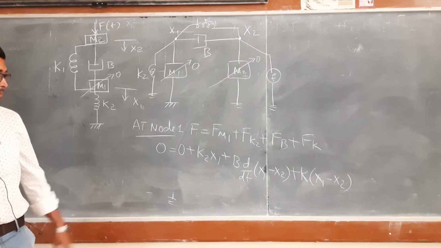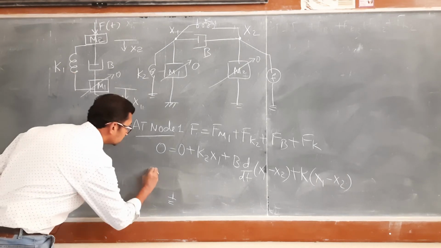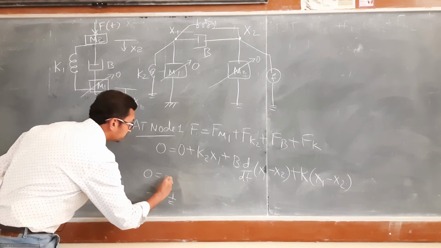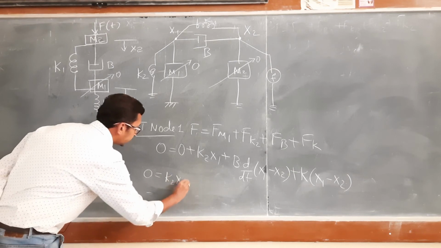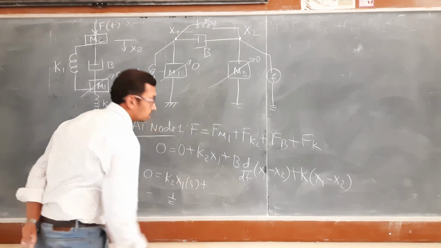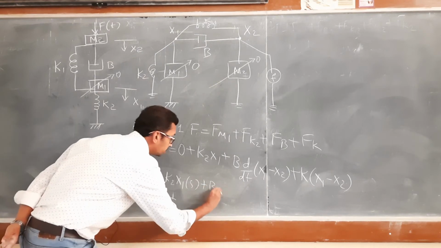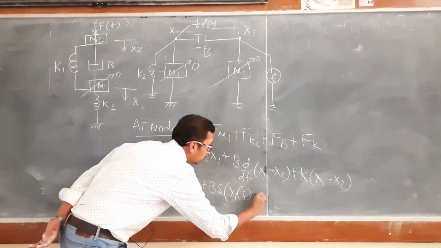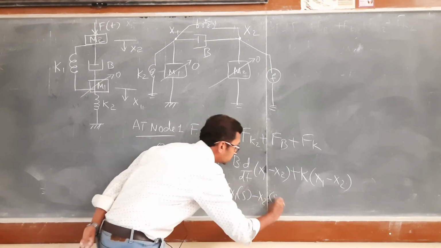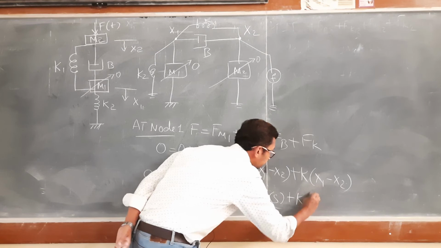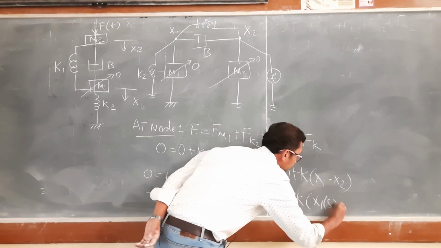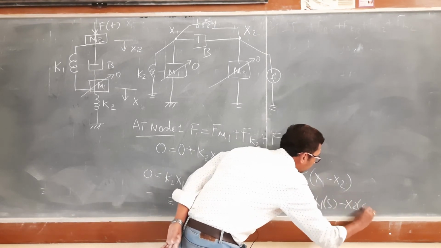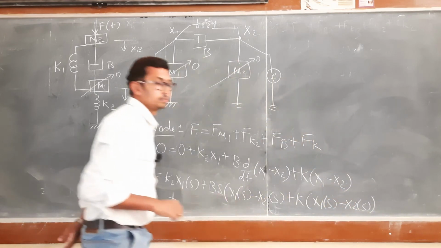So I am going to rewrite this one. I am going to apply the Laplace transform. So this will be written as 0 equals K2 x1 of s, plus Bs times (x1 of s minus x2 of s), plus K1 times (x1 of s minus x2 of s).